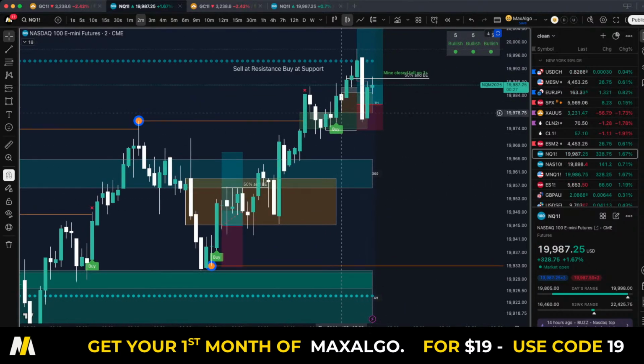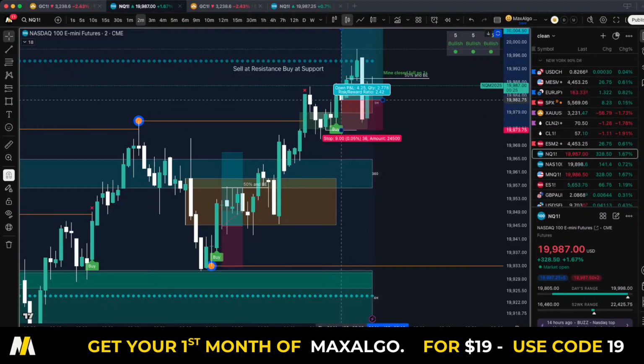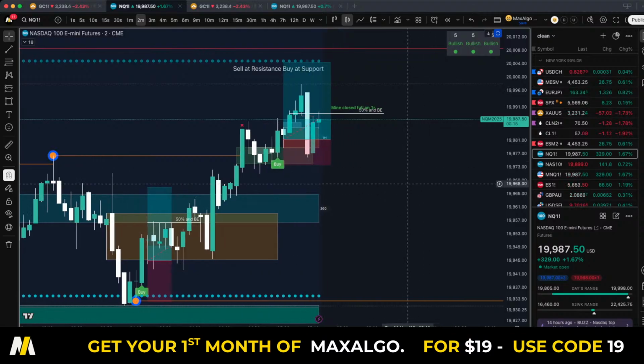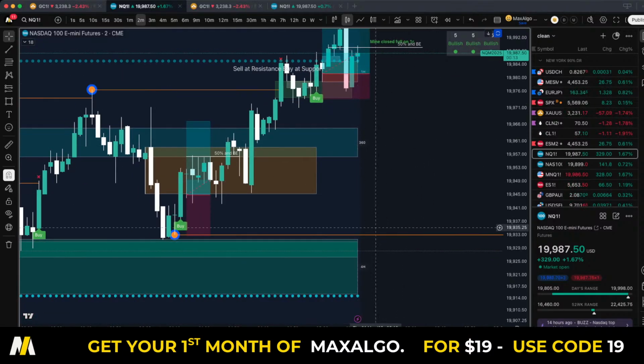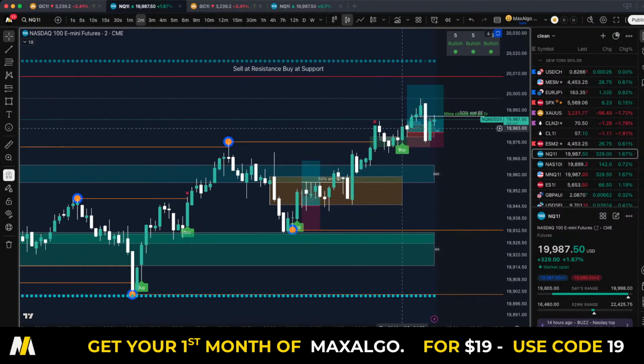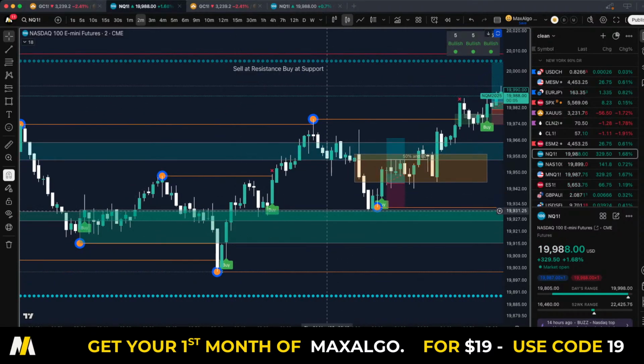We took the tap in on this candle. That was our low. So bias has been right this morning, bullish.